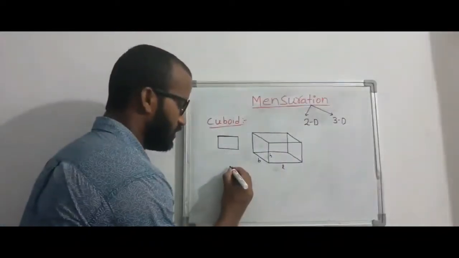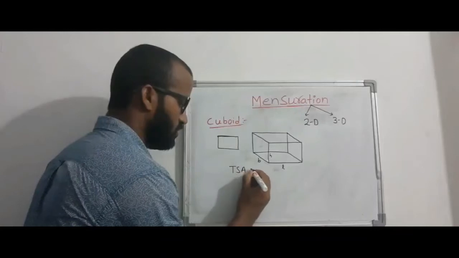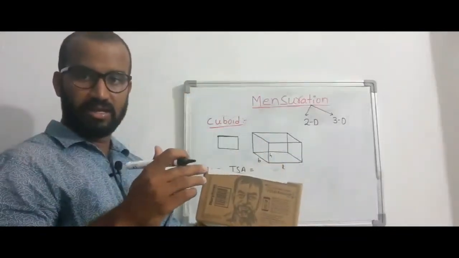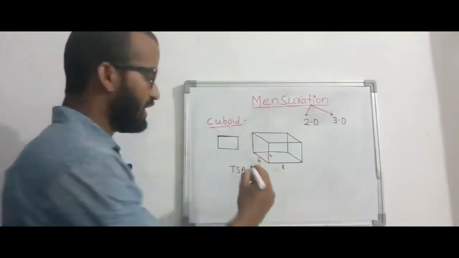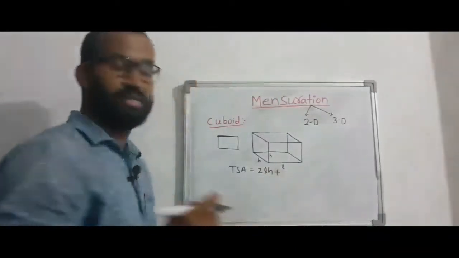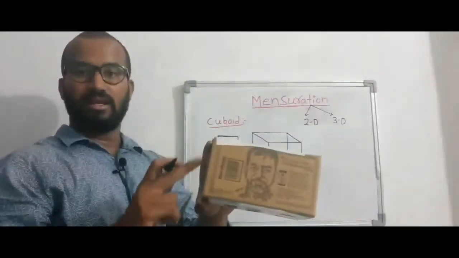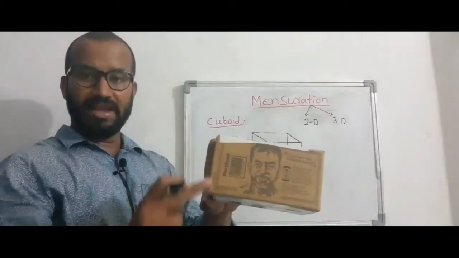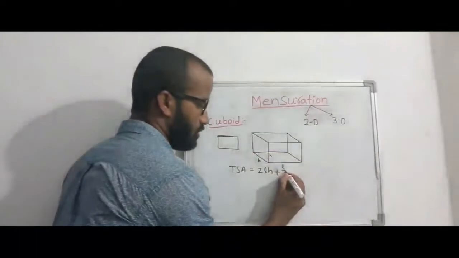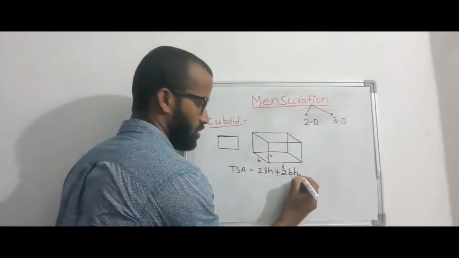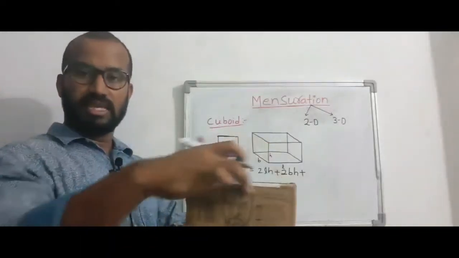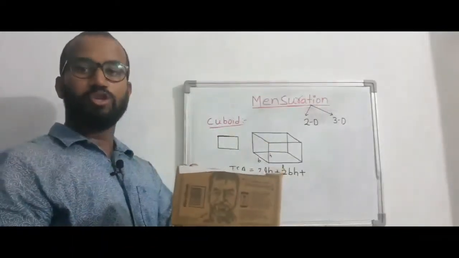Total surface area is equal to LH plus LH, 2LH, plus BH plus BH, 2BH, plus top and bottom, top is LB, bottom also LB, 2LB.